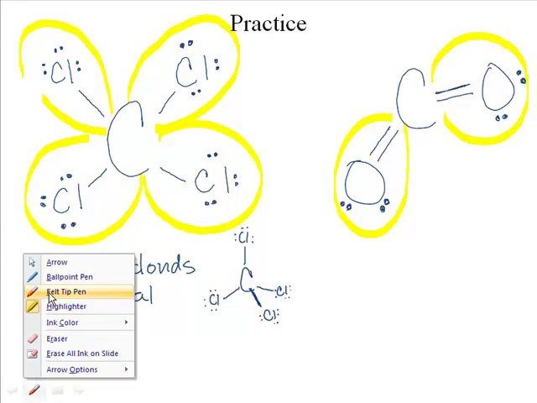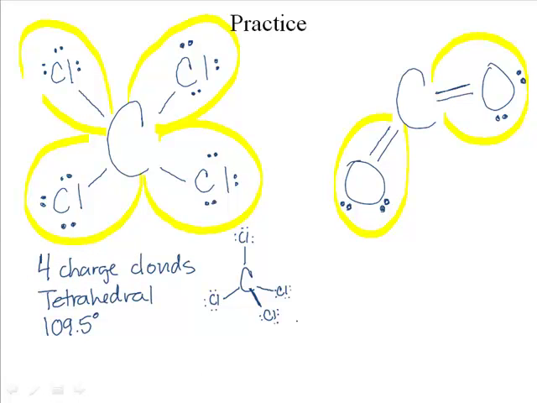So when I look at 2 charge clouds, I know right away that this is what we would call linear geometry. So 2 charge clouds is linear geometry, or the linear shape, and that has a bond angle of approximately 180 degrees.